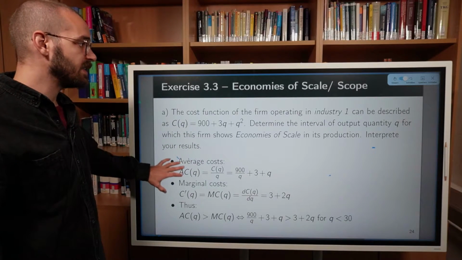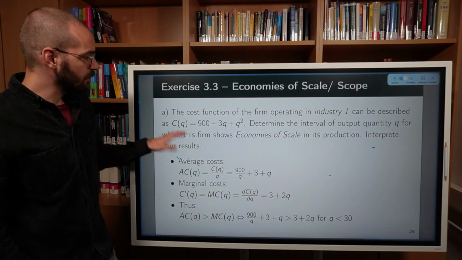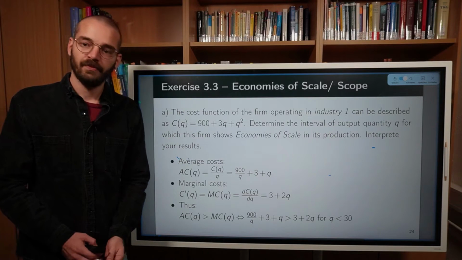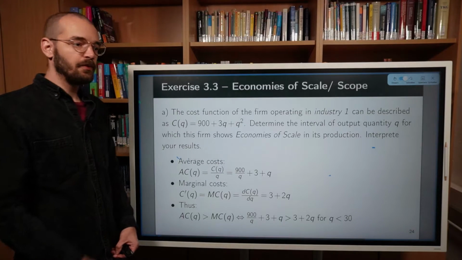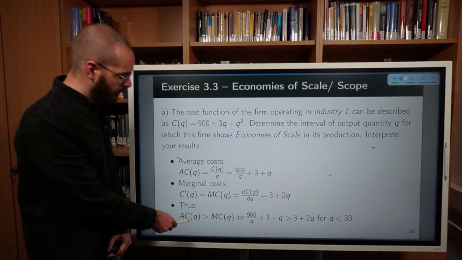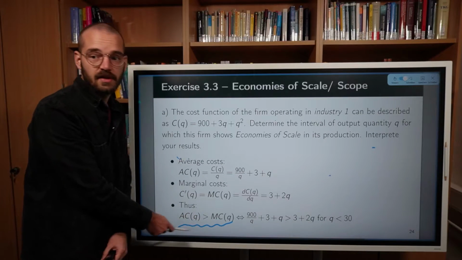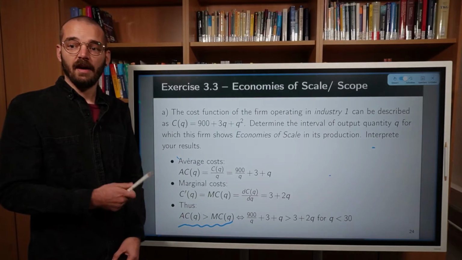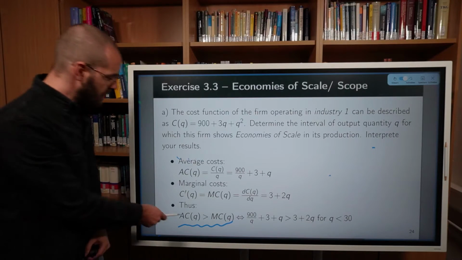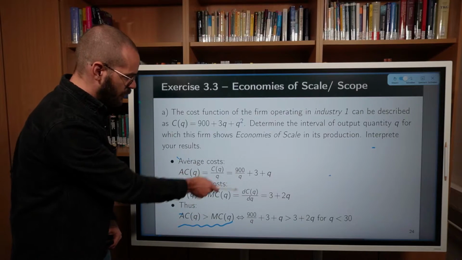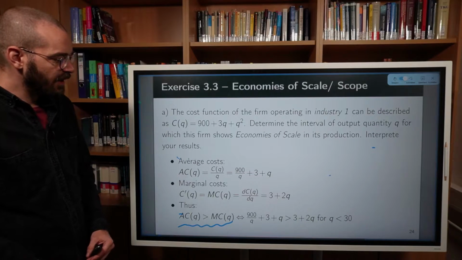As a reminder, it said, determine the interval of output quantity for which this firm shows economies of scale. So what we are asked to do is show for what interval of q this expression, AC larger than MC, is true. Because if this expression is true, we have economies of scale. So we simply substitute the terms that we just calculated a few lines above, and we solve for q.